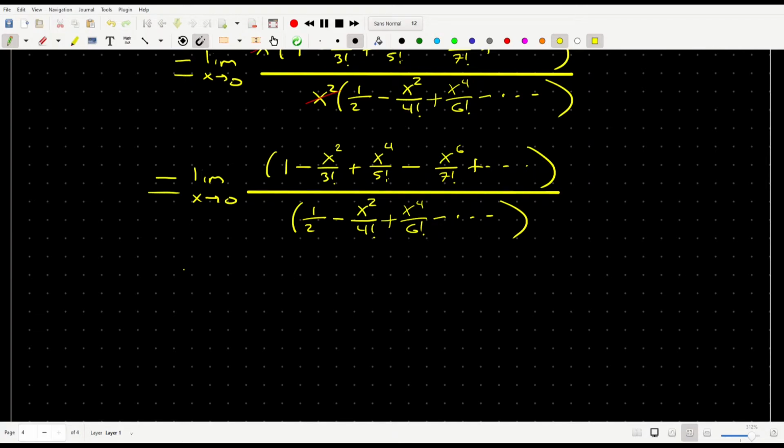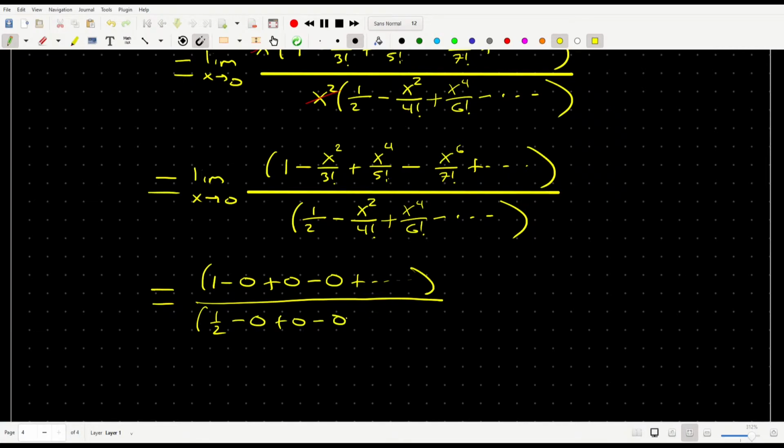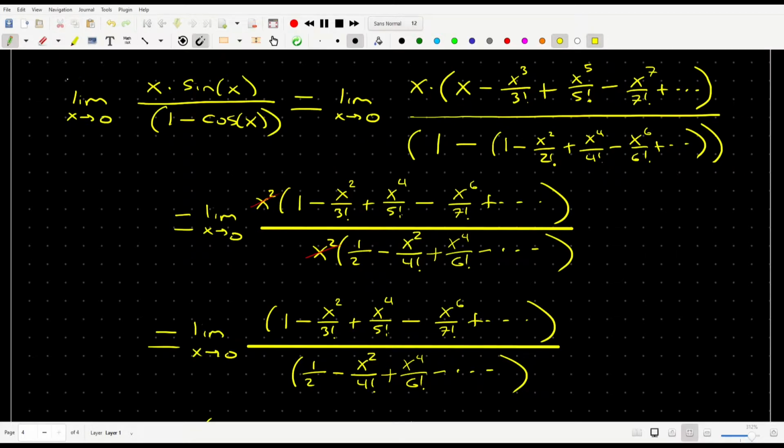The numerator limit is going to be 1 minus 0 plus 0 minus 0, and so on to infinity, while the denominator limit is going to be 1/2 minus 0 plus 0 minus 0 all the way to infinity, which is the same thing as 1 over 1/2, or 2, which is the correct value of this limit that you would get if you use L'Hopital's rule.